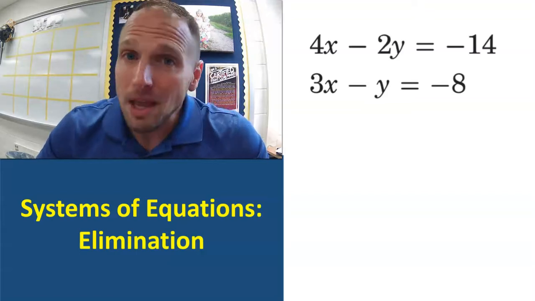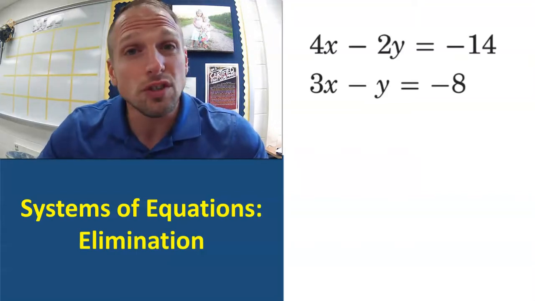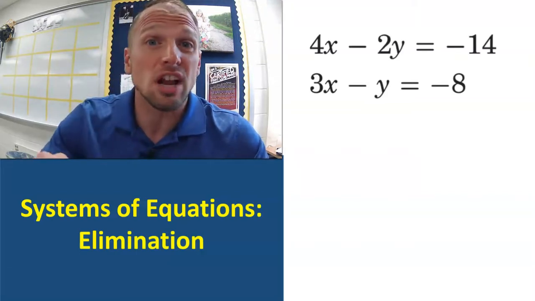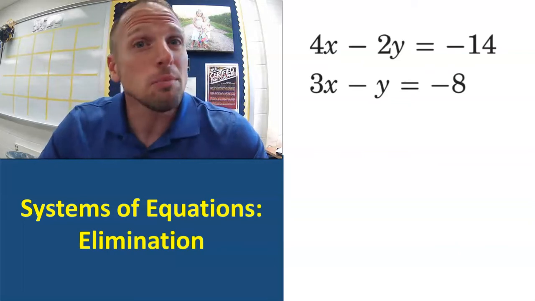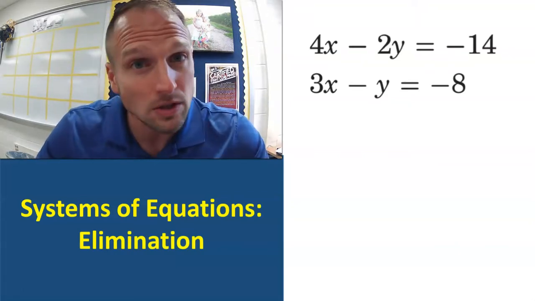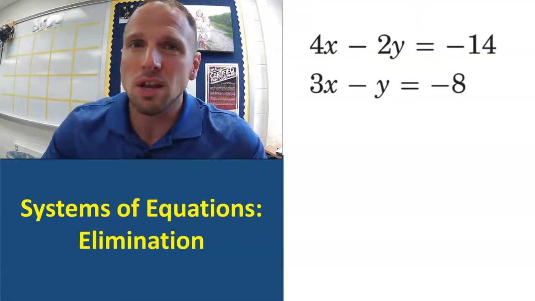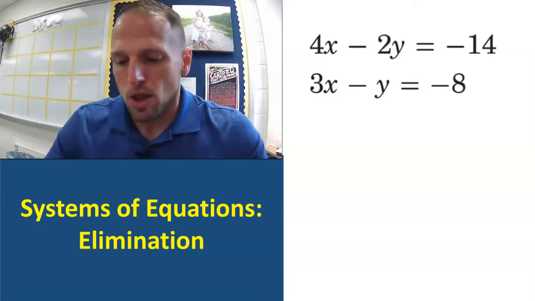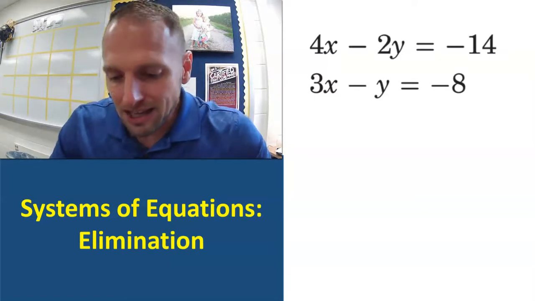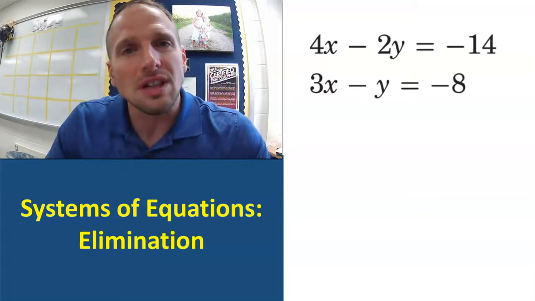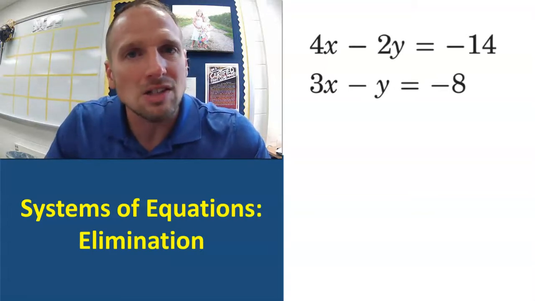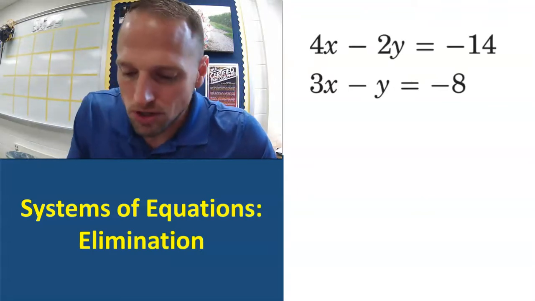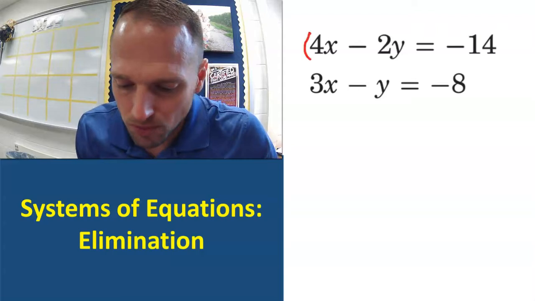Now, there may be some shortcuts to this, and if you see ways that are a little bit quicker, I challenge you, go ahead and take them, but I'm going to show you a method that is always going to work. What I'm going to do is get one of those letters to eliminate, either the x's or the y's, and a good trick here is to multiply.